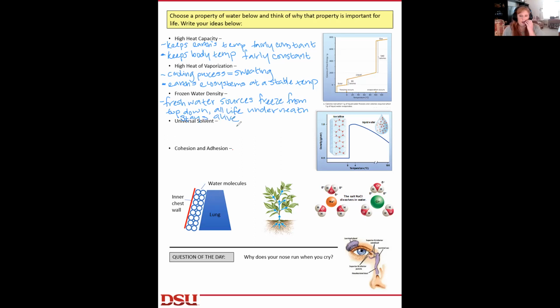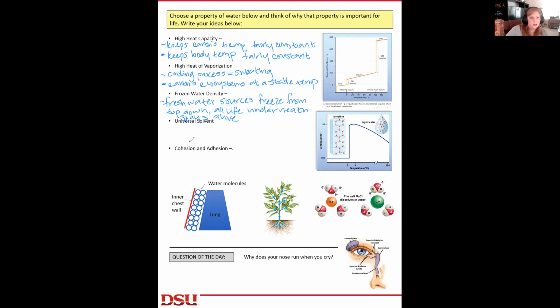When you get a layer of ice across the top of a body of water, that ice actually acts as like a blanket as well. So it keeps the temperature of the water below stable, and it allows everything to live. Okay.